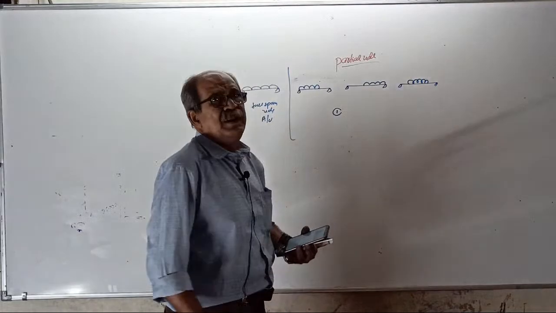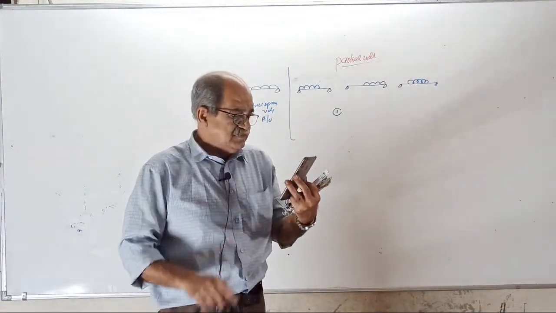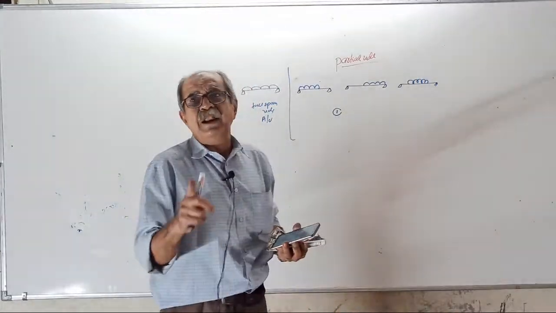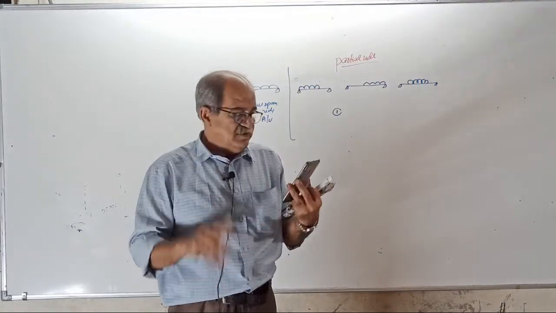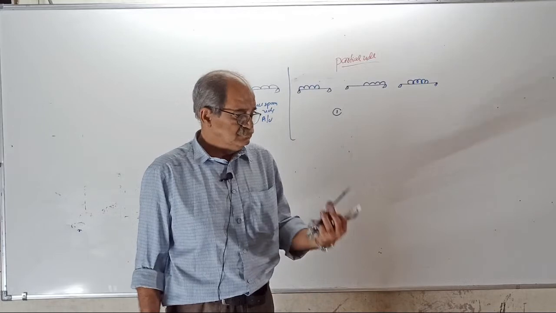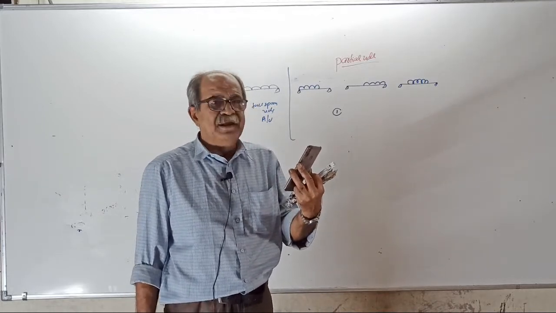What I am telling now as requirements for Macaulay's method, everything should be satisfied. First requirement: the origin selected should be the extreme end of the beam. Clear or not? Later, if you don't write, you are in trouble.